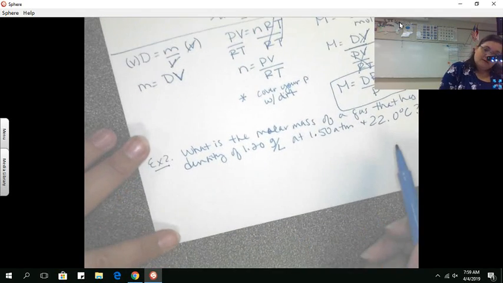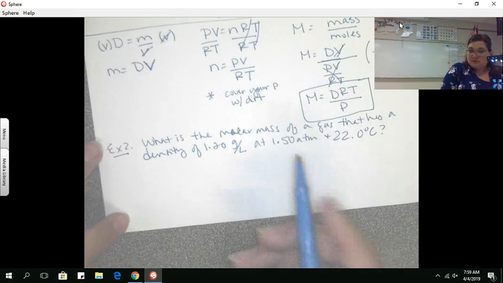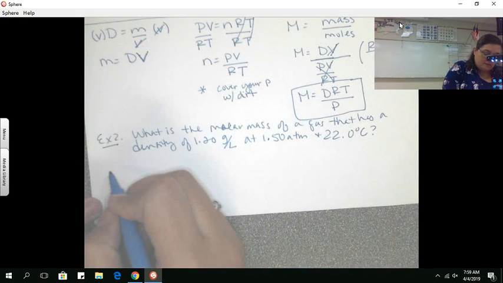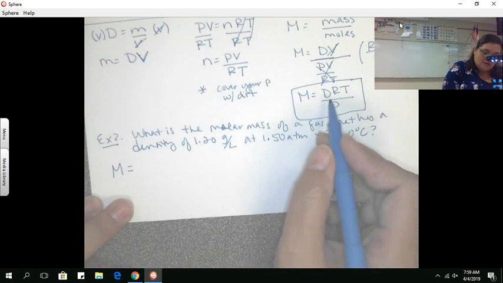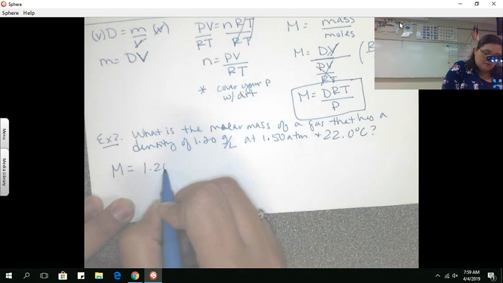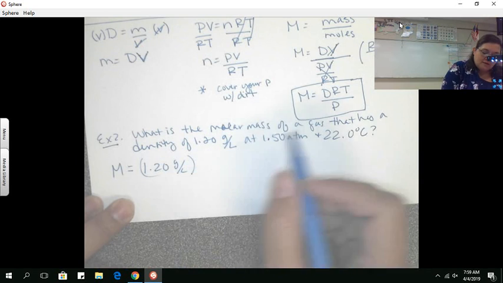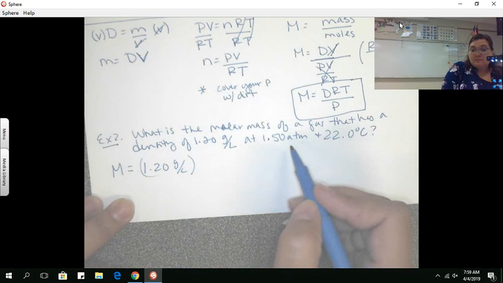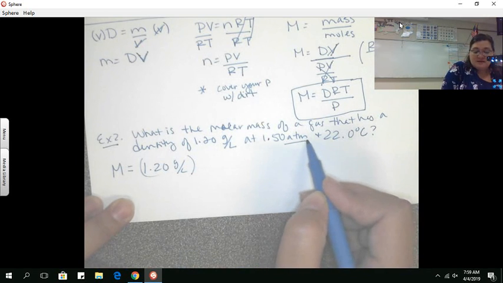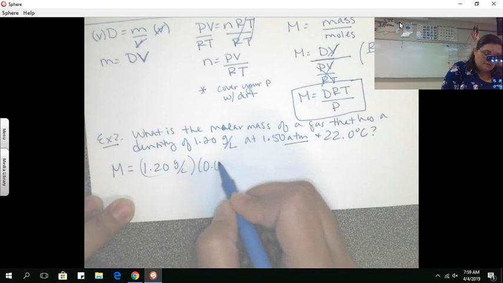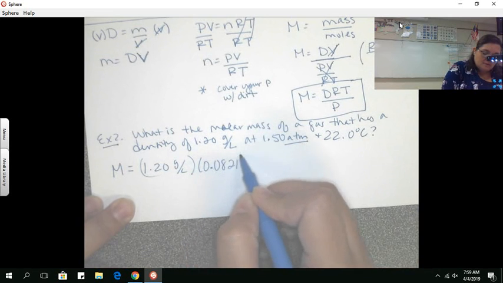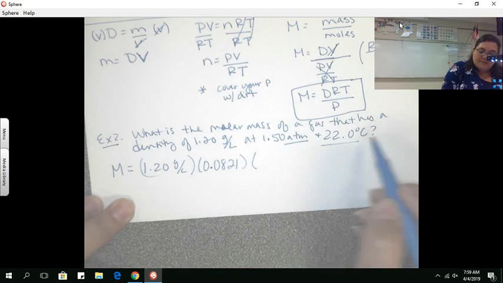Alright, so let's look at this problem. So our molar mass, we just found that we can find that by doing our density, which was 1.20, times R. Now remember, R has to match our pressure unit, which in this case is atm, so that's going to again be 0.0821, times our temperature, which has to be in Kelvin.